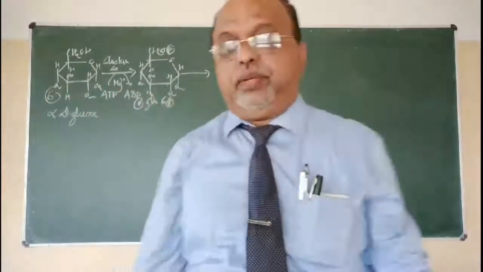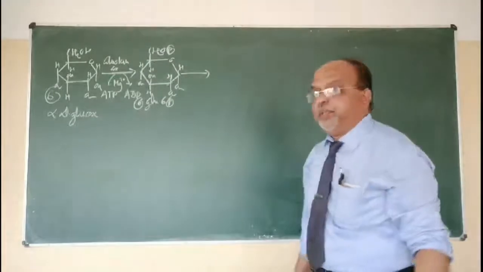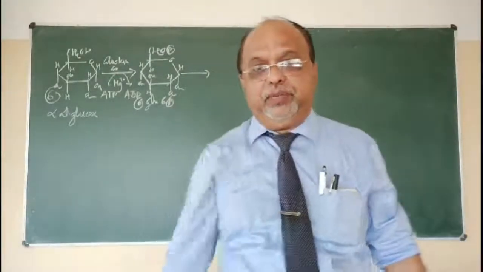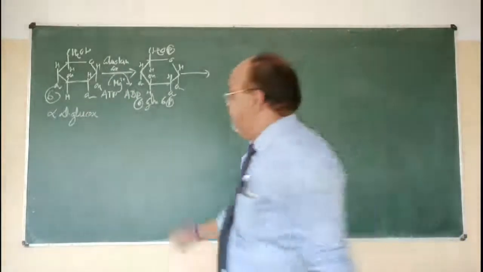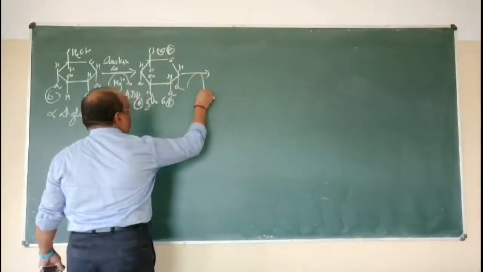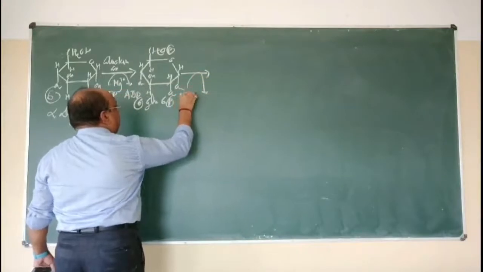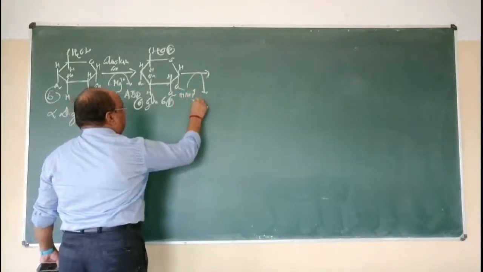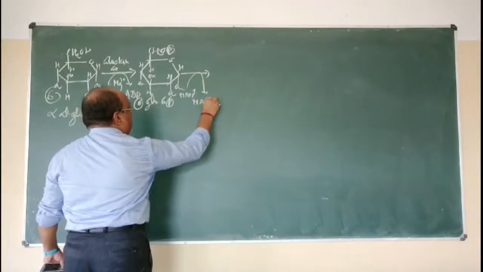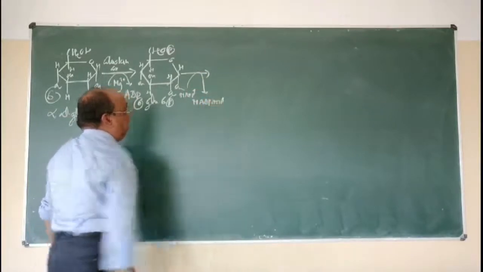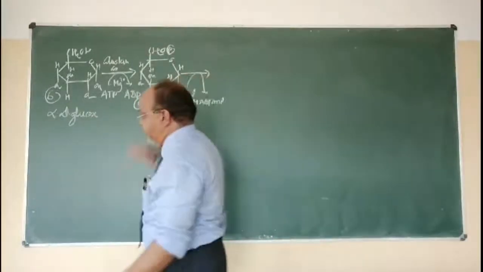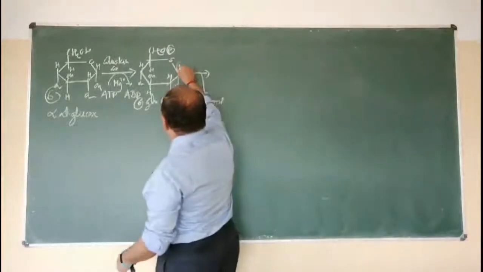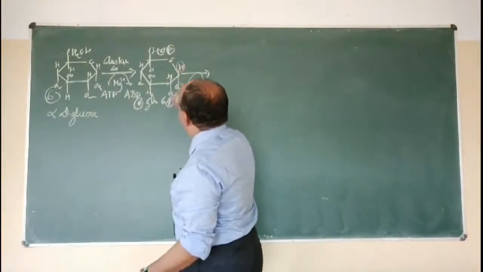In the next reaction, there is a dehydrogenation, but this time the electron acceptor is NADP. NADP plus gets reduced to NADPH plus H plus. From where are the 2 hydrogen atoms removed? I'll show this one and this one.